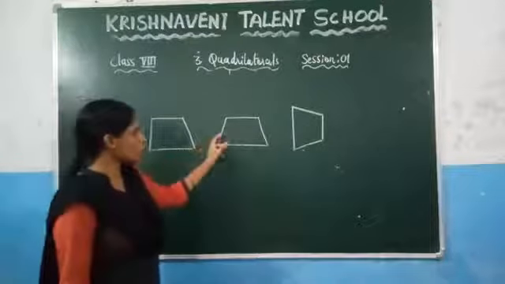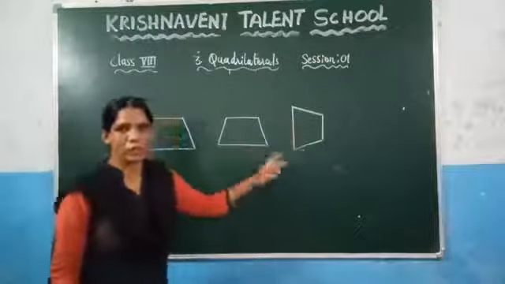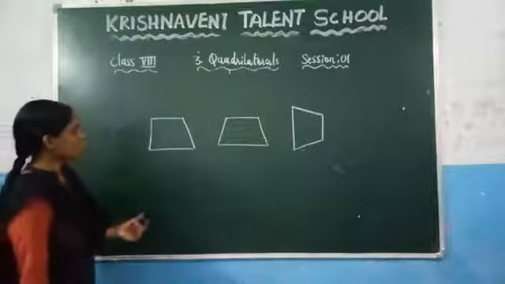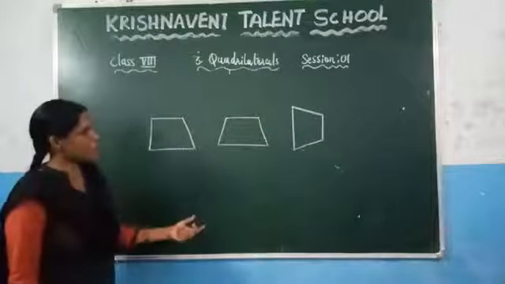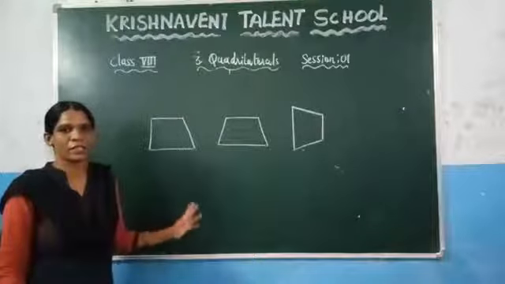Similarly here 1, 2, 3, 4 and here 1, 2, 3, 4. These are all the quadrilaterals, but you can observe that in all these three figures there is one similarity. What is the similarity here?